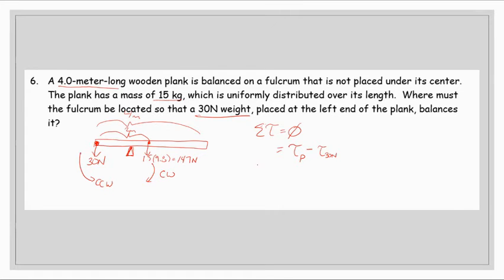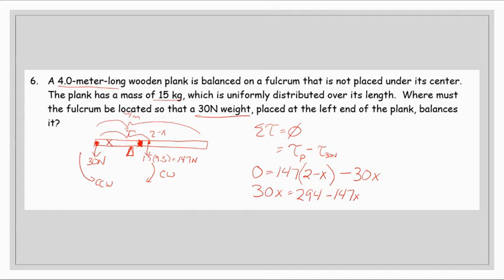So we know that 0 is equal to 147 newtons times, this is going to be x, and let's make this 2 minus x. So our distance is going to be 2 minus x. Then minus 30 newtons times x. So we get 30x is equal to 294 minus 147x.